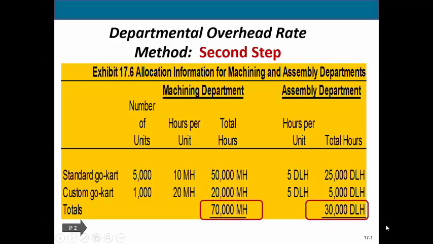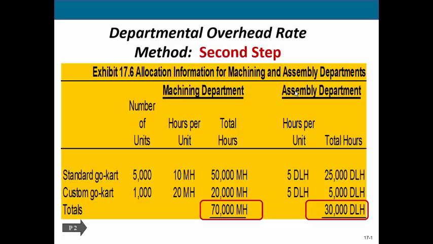Alright, so we've already figured out our numerator when we're calculating our departmental overhead rate. And remember, our numerator is going to be the amount of overhead for each specific department. Remember, that's when we took our $4.8 million of total overhead and decided what was applicable to the machining department and what went to the assembly department.